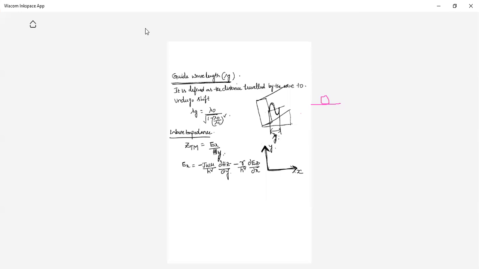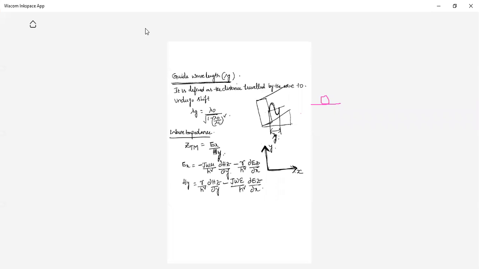Just go back and see the material, the Ex expression is this one. Similarly, Hy is equal to gamma by h square dou Hz by dou y, minus j omega epsilon by h square dou Ez by dou x.